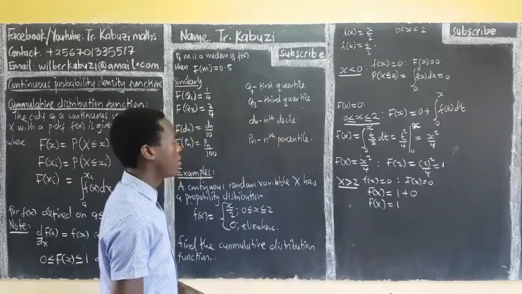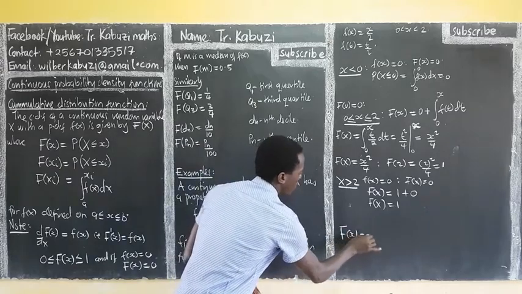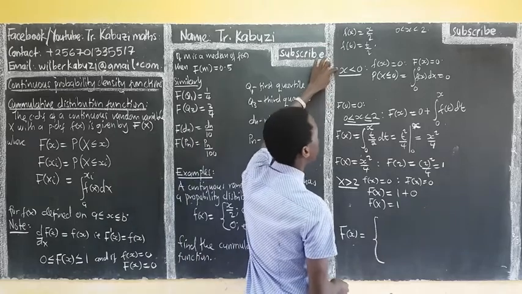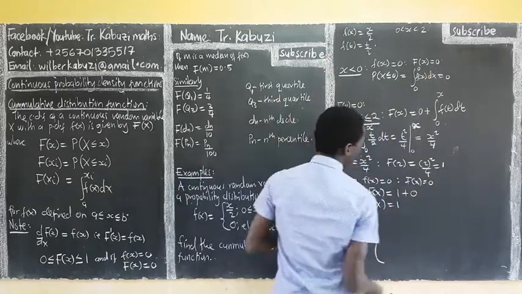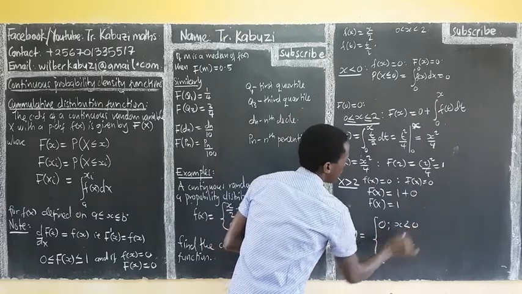So from there, we write our CDF as follows. It was 0 for x below 0.